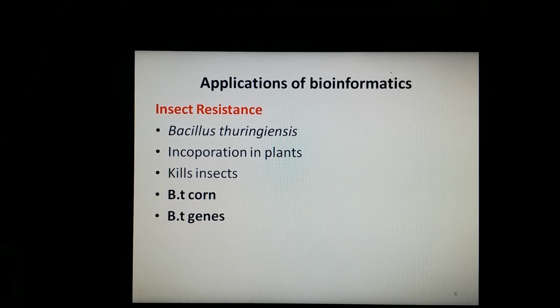This is basically the main advantage of BT genes, because they make the plants resistant against insects, and as a result the productivity and nutrition value of plants also increases, and it is beneficial for human health. So this is how plants are being made insect resistant.